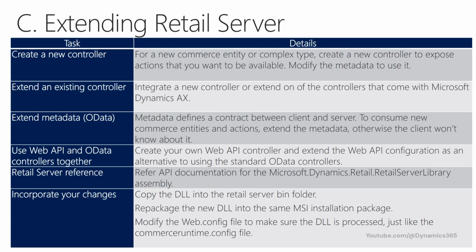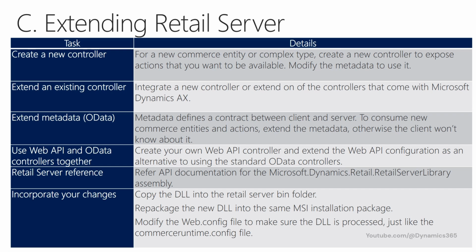Extending Retail Server. Microsoft Dynamics AX Commerce Runtime is wrapped in the Retail Server layer. A Retail Server uses a web API with OData to support thin clients within the store like tablets and phones. The tasks involved in extending the Retail Server may include creating a new controller. If you create a new commerce entity or complex type, you need to create a new controller to expose the actions you want to be available.